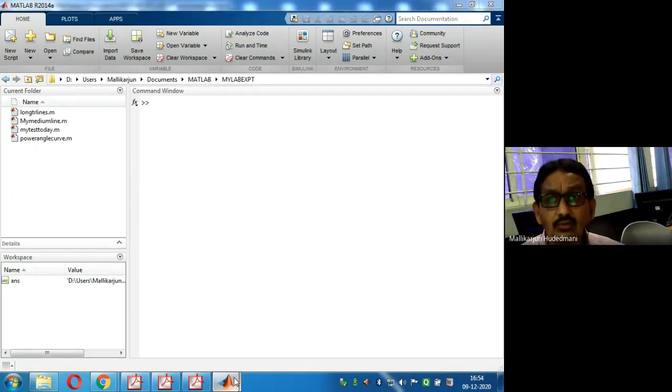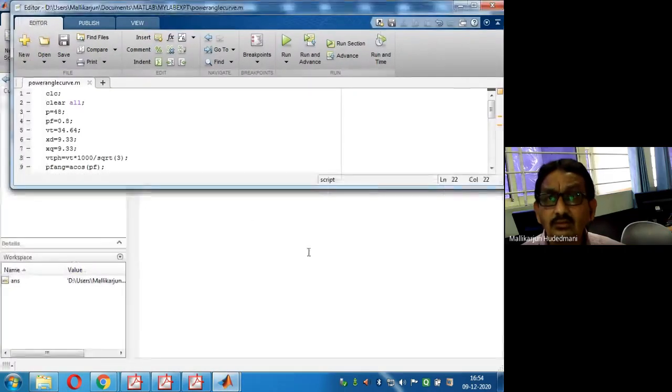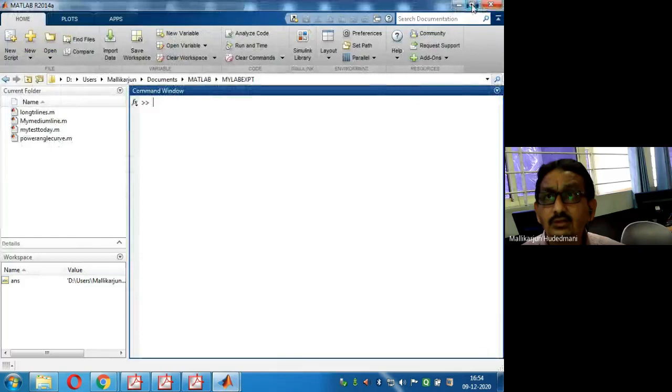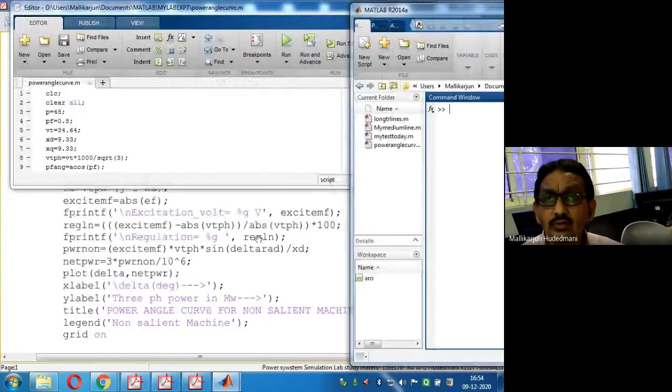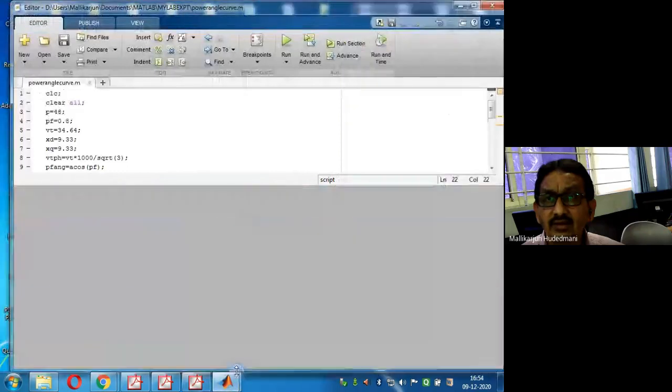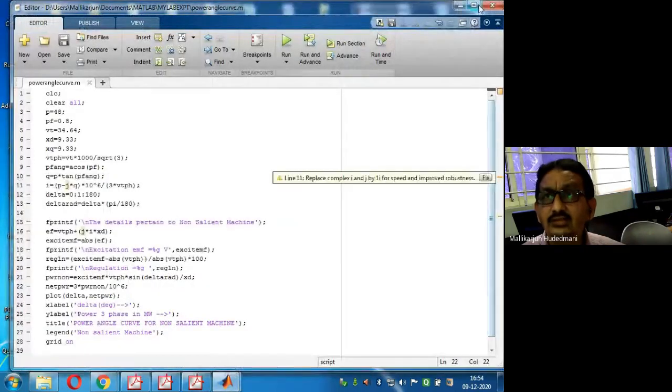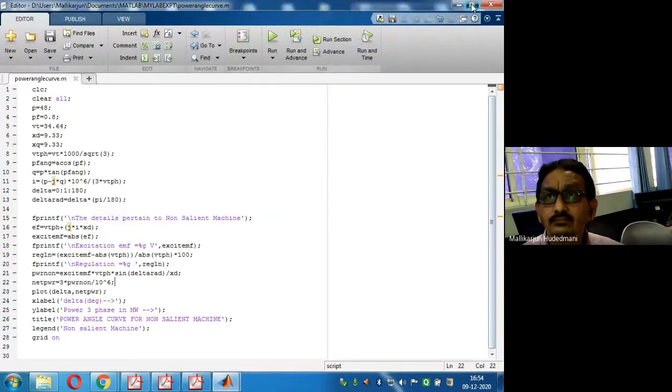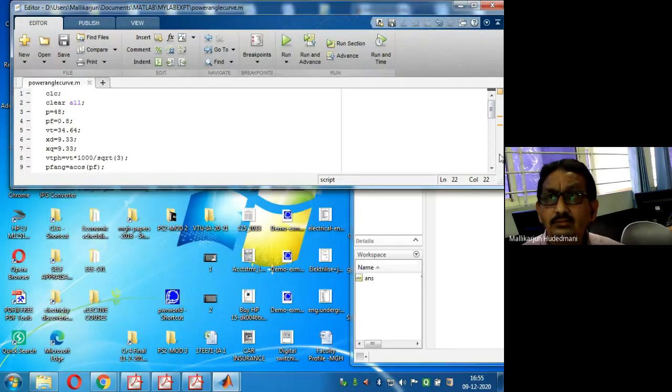Now I will come to file. So I will minimize and I will keep this side by side. I will minimize this file. I will make this file left and right for my easy access. Like this. Okay.